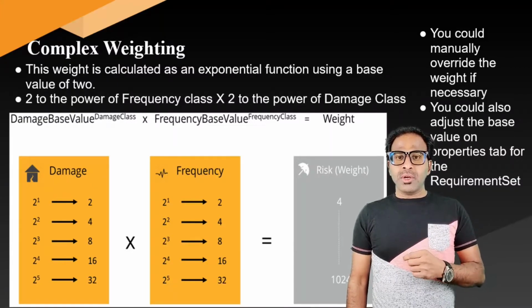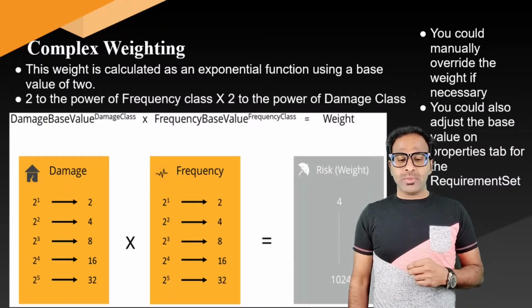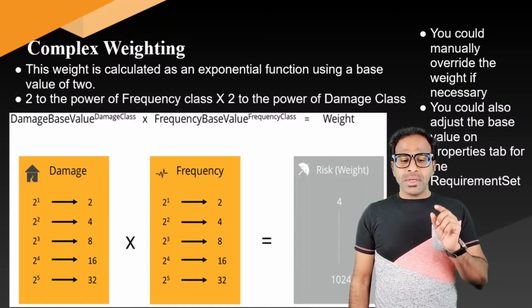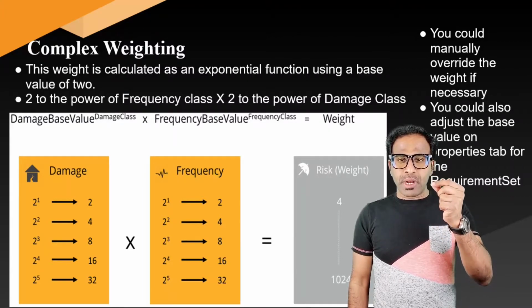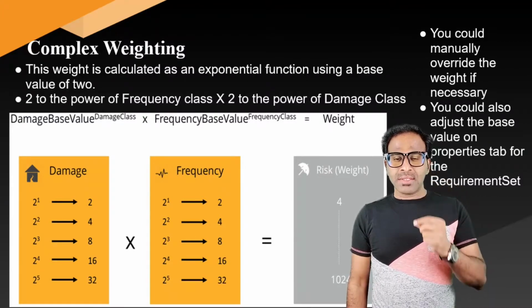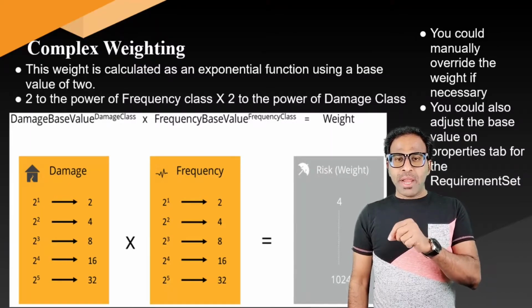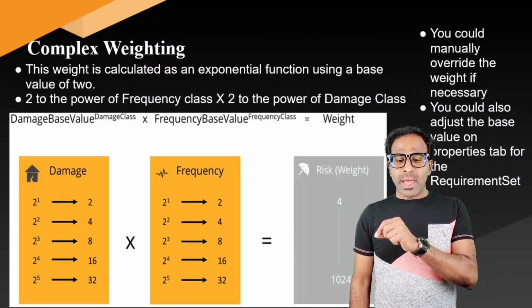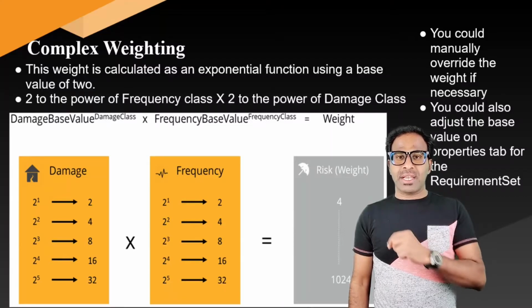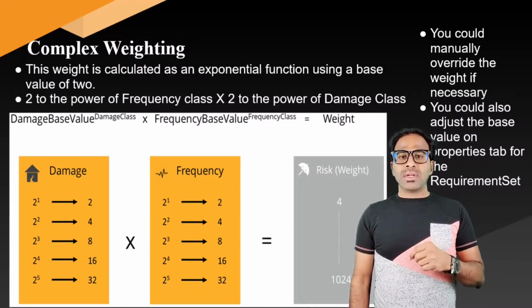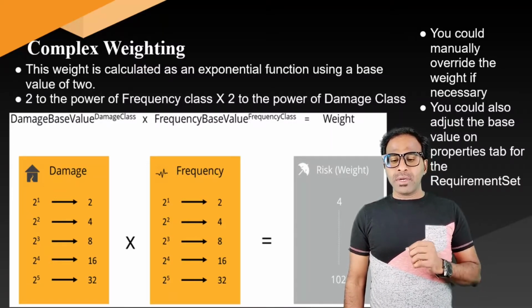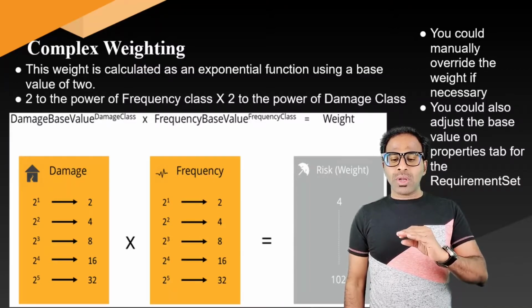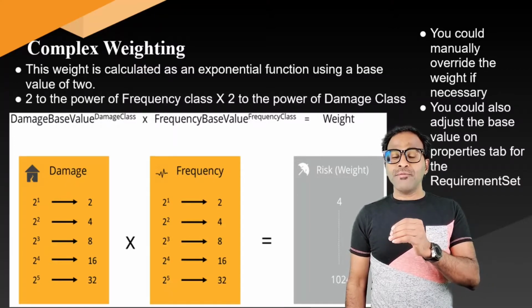So here 2 is the base value. If you see in the diagram, the formula is damage base value to the power of damage class multiplied by frequency base value to the power of frequency class. Tosca takes the base value by default as 2. However, you could manually override the weight if necessary.